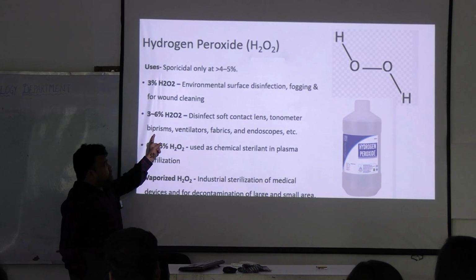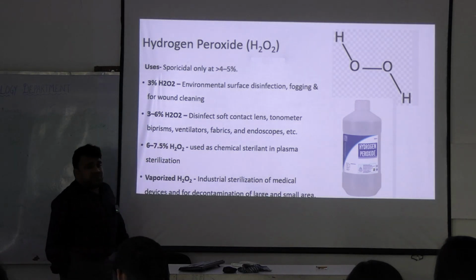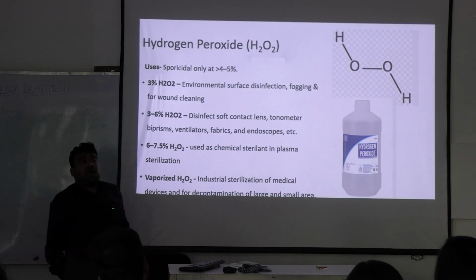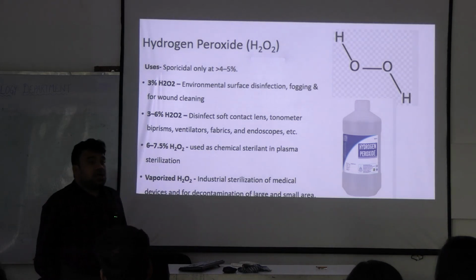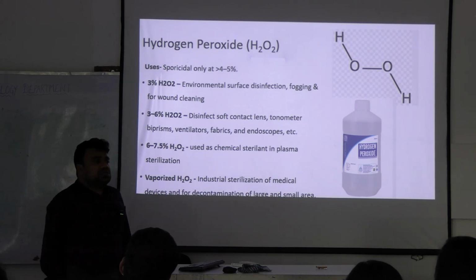For 3 to 6%, we use it for contact lens, tonometer prisms, ventilator fabrics. Higher concentration is used in case of plasma sterilization. In the last class I told you one of the methods to achieve sterilization is plasma sterilization. Over here hydrogen peroxide is used, but the concentration is 6 to 7%.